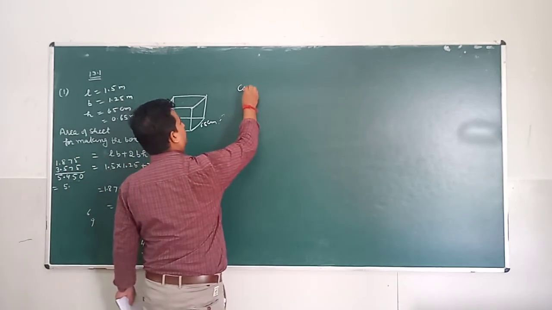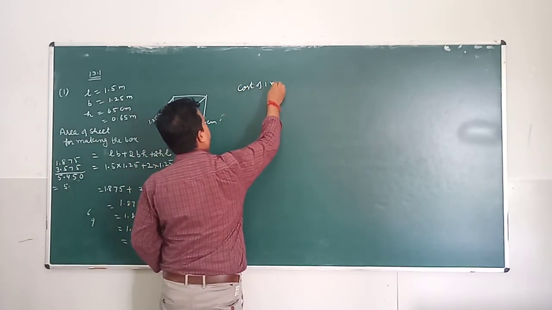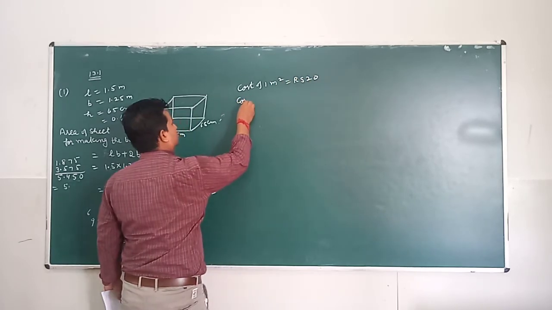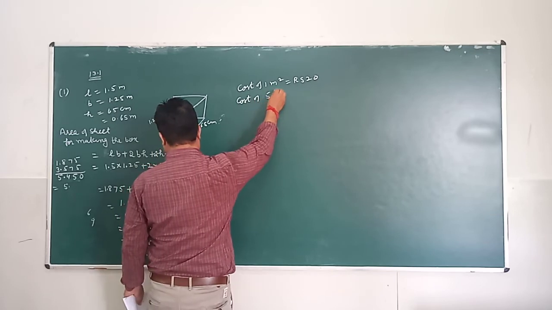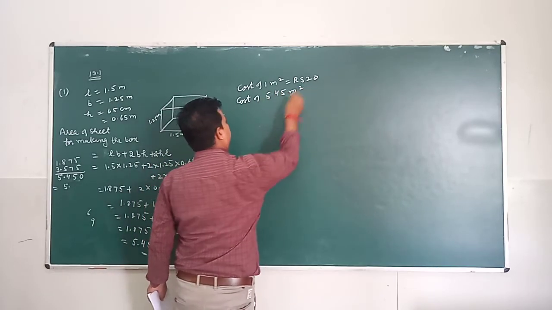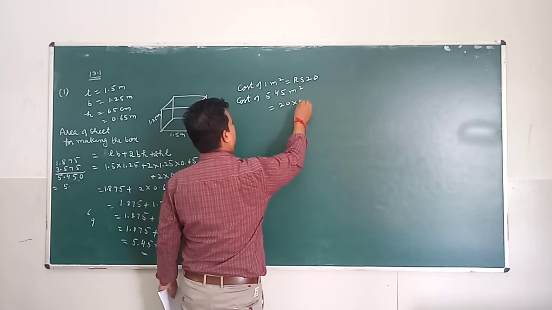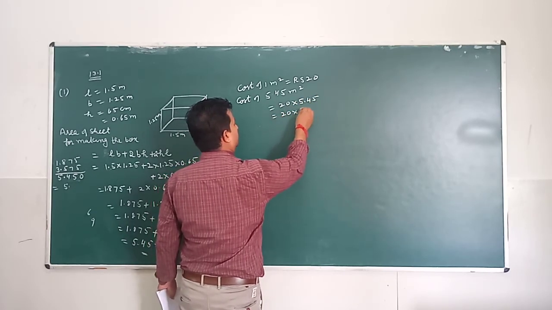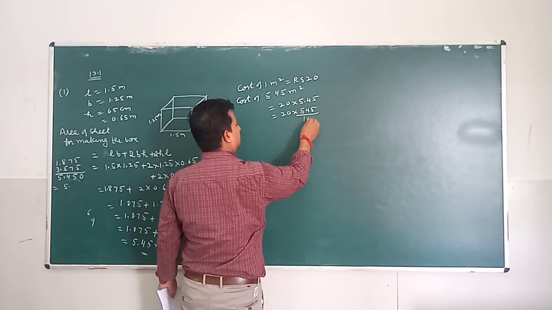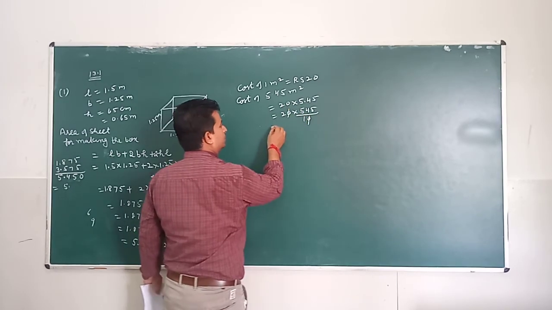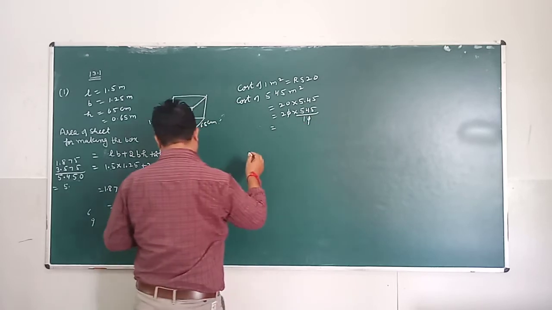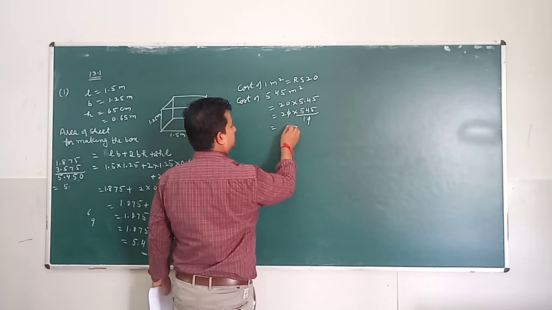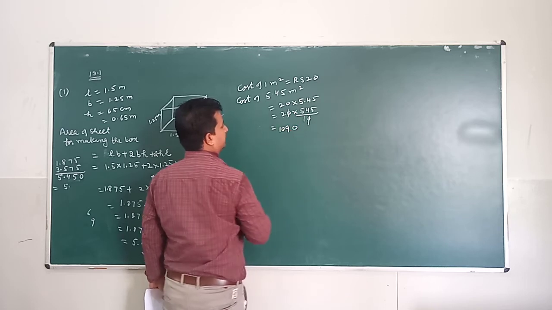As cost of 1 meter square is rupees 20, so cost of 5.45 meter square is 20 into 5.45. 20 into 5.45 is 109.